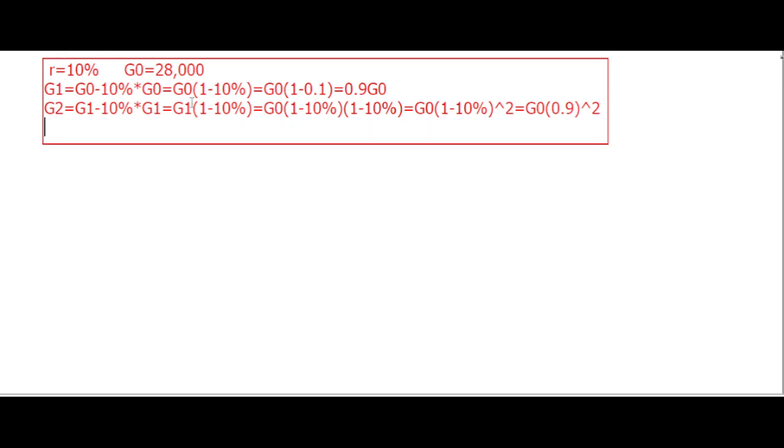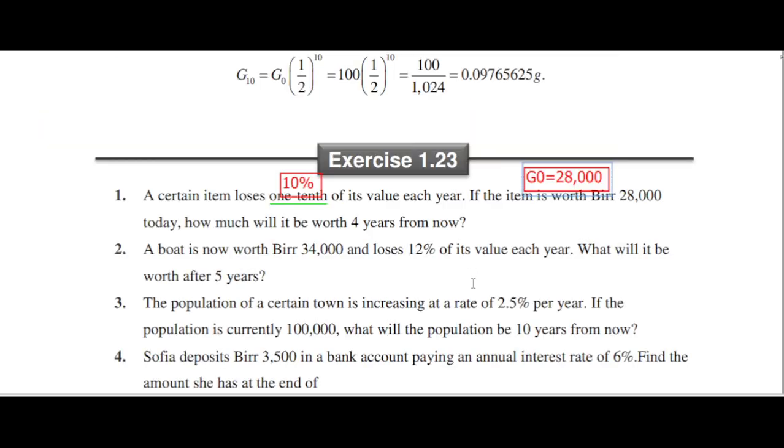Now let's calculate what we need to find here: G4. To calculate G4, we use this formula. G4 is equal to G naught times 0.9 to the power of 4. Because G2 is equal to G naught times 0.9 squared, similarly for G4, G naught times 0.9 to the power of 4.